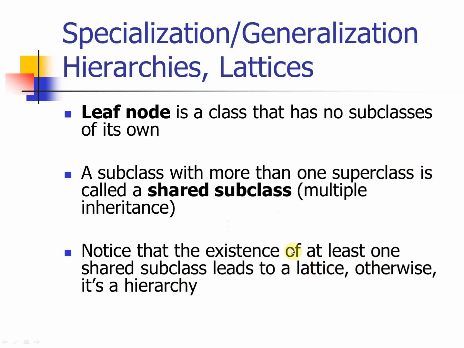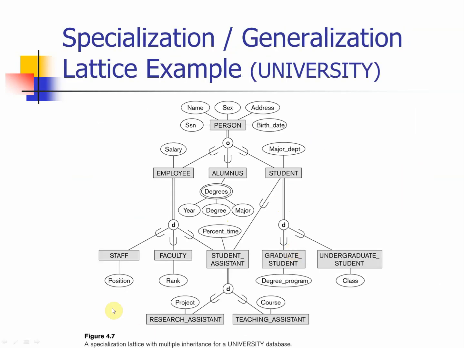Otherwise, it's a hierarchy. So you can see that in this picture, it talks about a person. We use a double line and an O, indicating a person has to choose one or more subclasses here. So it can be an employee, and at the same time, they are also an alumni. Because of that, we have to have an O, because an employee can be an alumni.